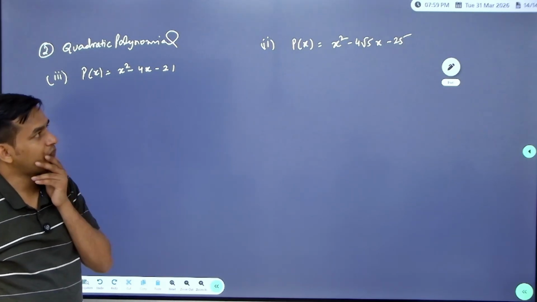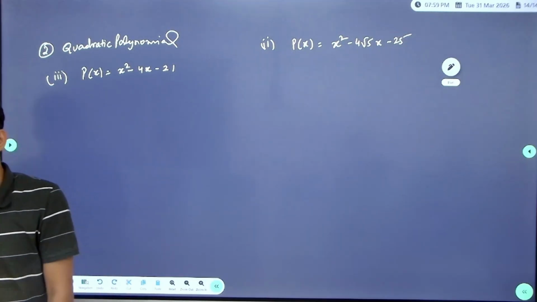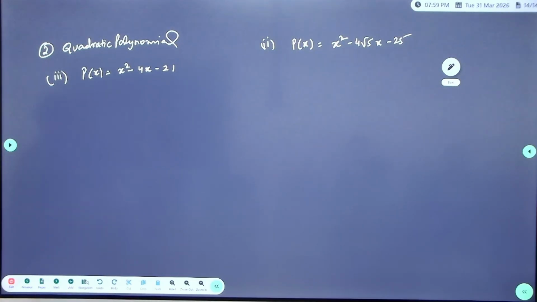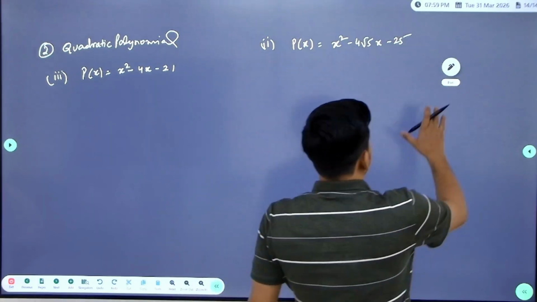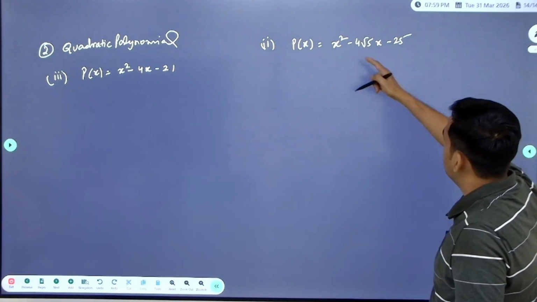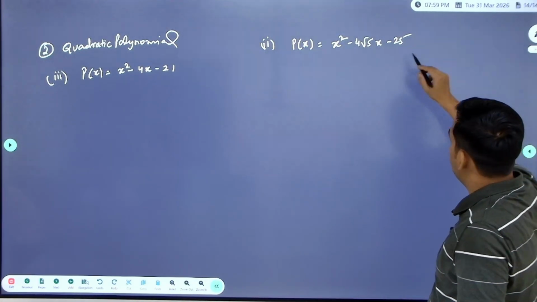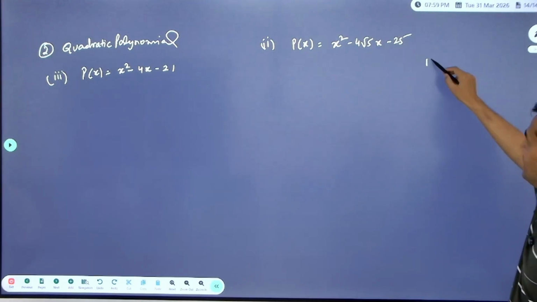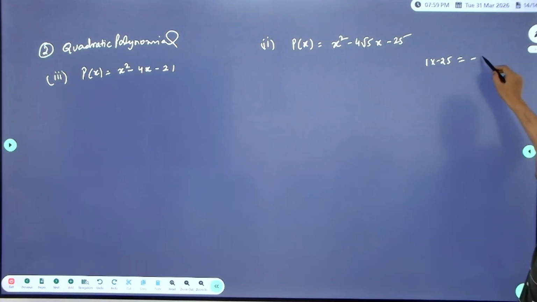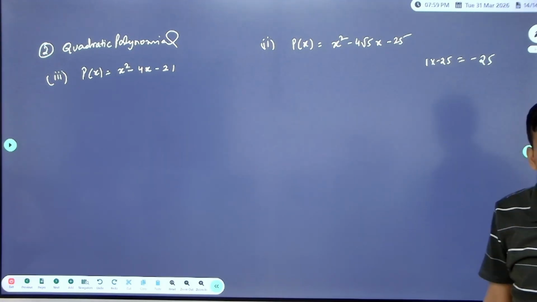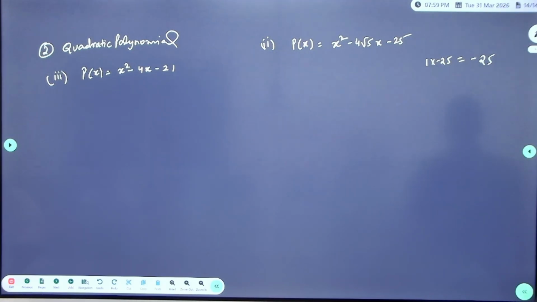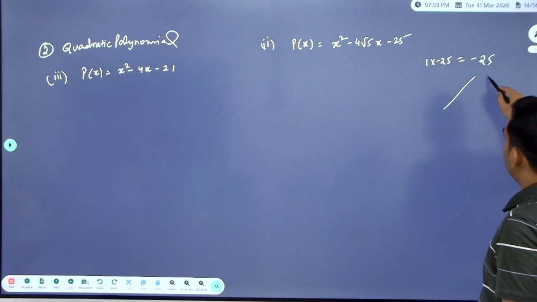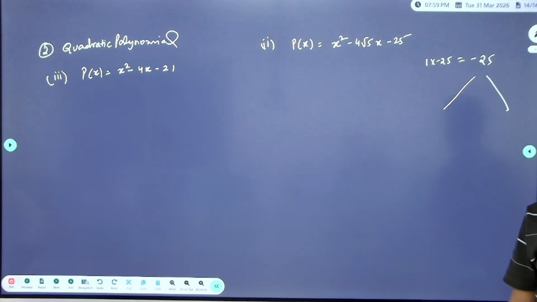X square minus 4 root 5x minus 25. So here if you multiply the coefficient of x square and the constant term, you will get minus 25. Correct? Minus 25. Whenever you are getting negative, you have to find the factors such that their subtraction is the middle term.